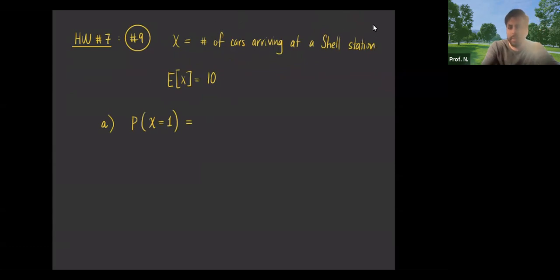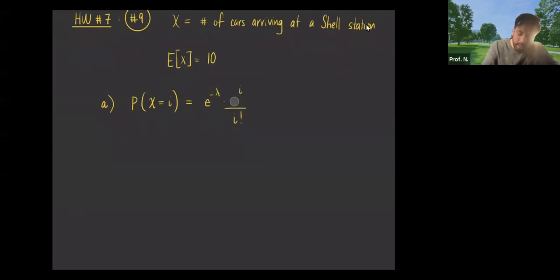So you have to remember the Poisson distribution, which is e to the negative lambda times lambda to the i over i factorial.